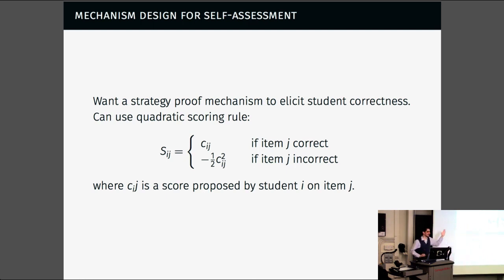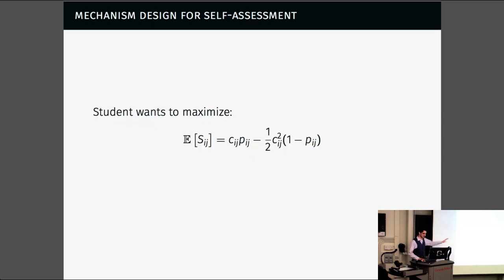So we're going to see why we might want to choose this mechanism. The idea is that the student wants to maximize their expected total score, right? The expected score is that if they answer correctly, with probability Pij, they're going to get Cij for their score. And if they answer incorrectly, they're going to get negative 1/2 Cij squared, right? If we maximize, we can figure out what Cij the student would give to maximize this score.